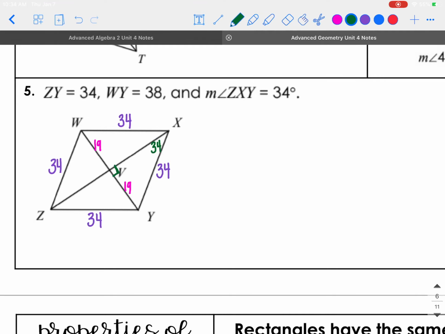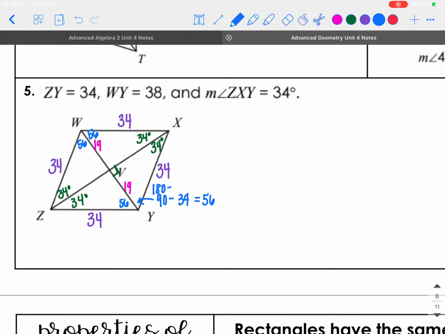This is 90. So this is 34 degrees. We have 34 degrees, 34 degrees. And then this other angle we can find by taking 180 minus 90 minus 34. And we get 56. So 56, 56, 56.